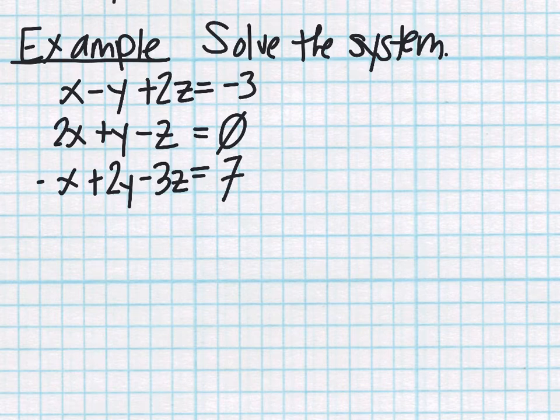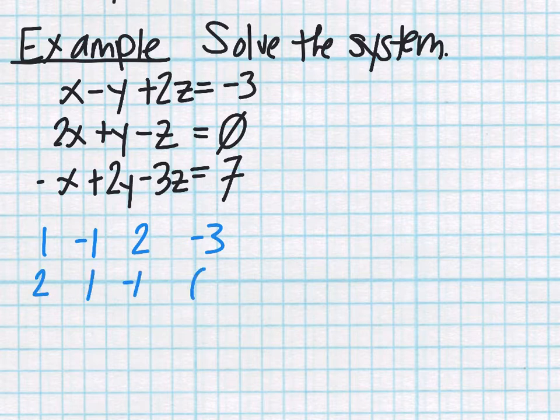Alright, so first thing we need to do is turn this into an augmented matrix. Easy step. Just take each coefficient: 1, negative 1, 2, negative 3; 2, 1, negative 1, 0; negative 1, 2, negative 3, 7.